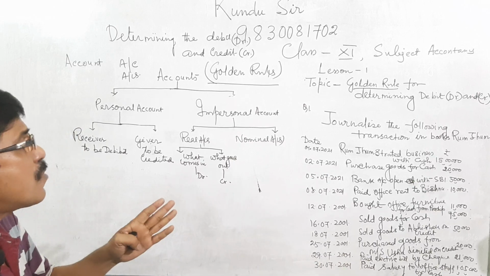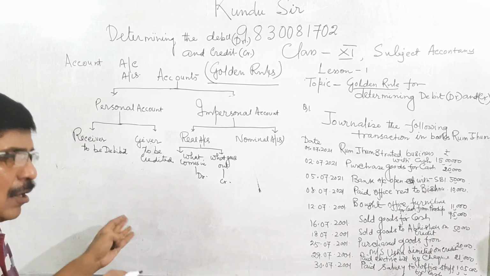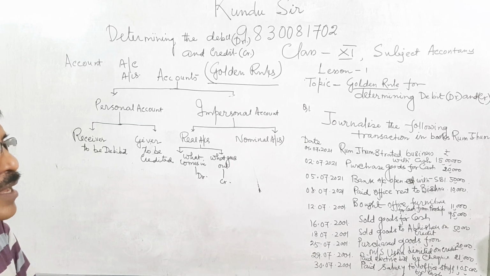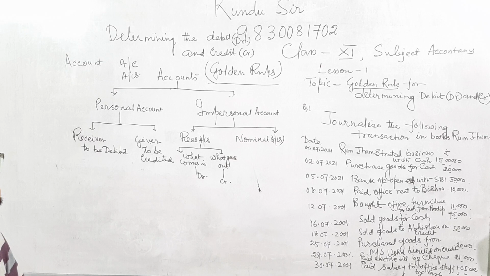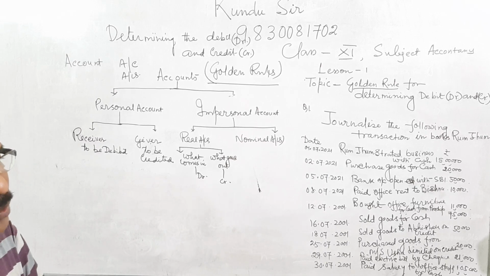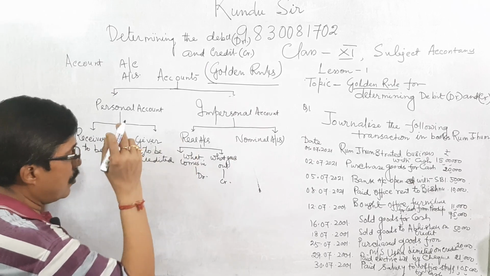But in case of nominal account, it is not to be maintained. At the end of the year, the account is to be closed and transferred to the respective P&L account, manufacturing account or trading account, wherever suitable, and I will explain this day to day.